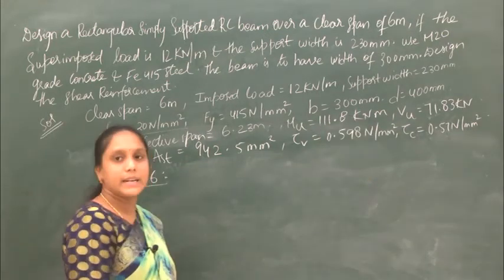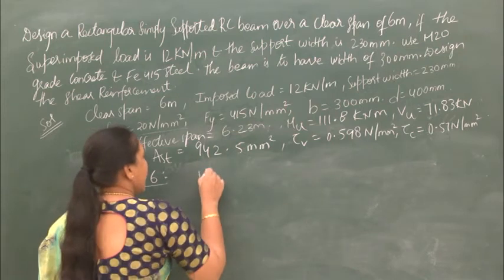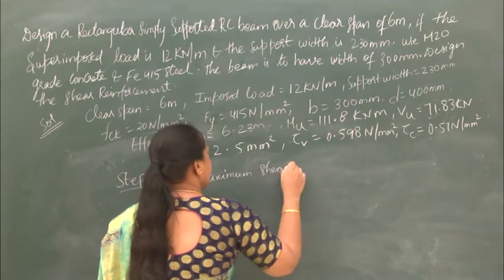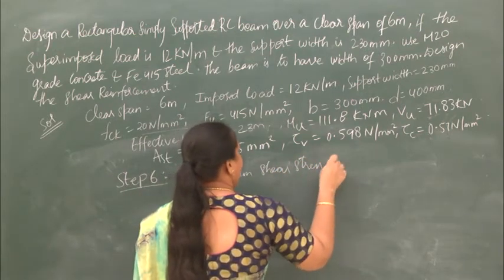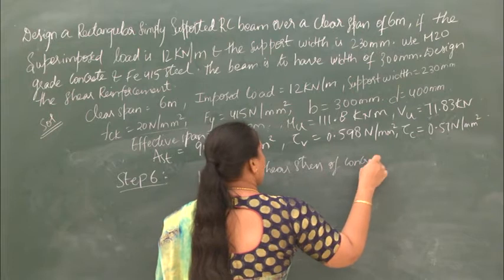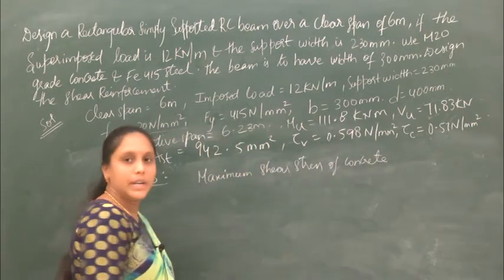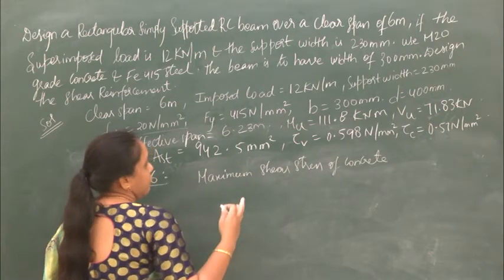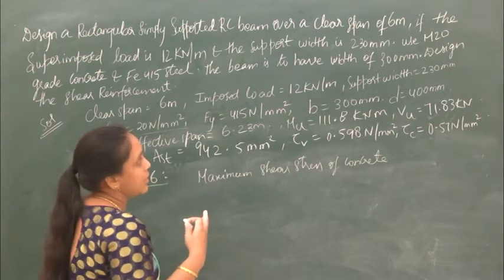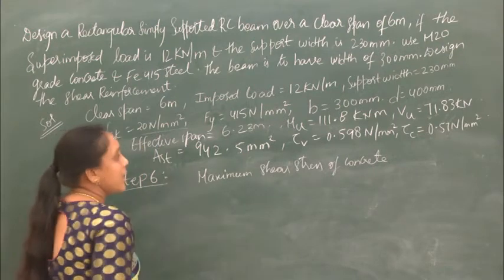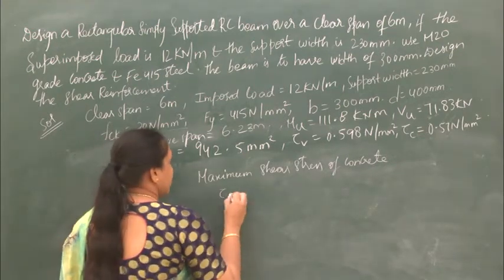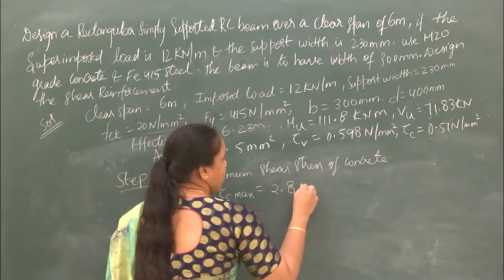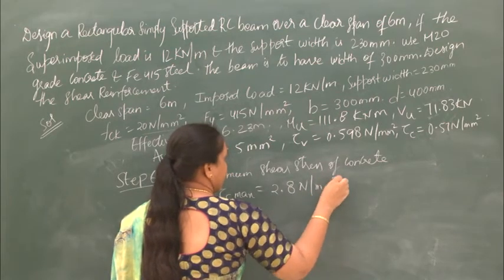Now let us calculate the tau c max value, that is the maximum shear stress of concrete. This can be calculated from table 20 of IS 456 2000. For the grade of concrete 20 Newton per mm square, the tau c max value in table 20 is given as 2.8 Newton per mm square.